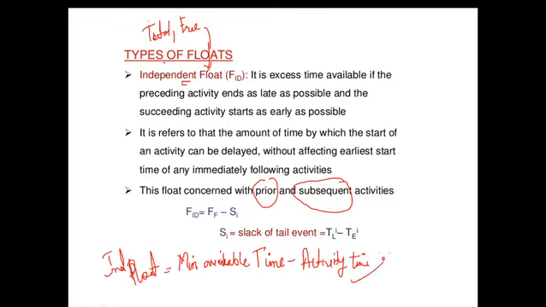This can also be used as a formula to calculate the independent float. Instead of the first formula, we can go for this formula also. First of all, the empirical formula is independent float is equal to free float minus SI.